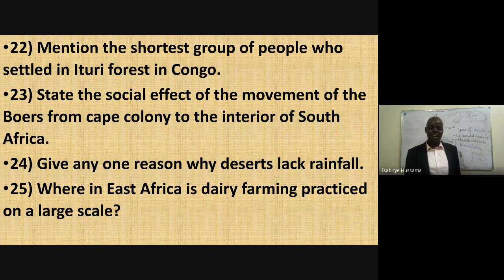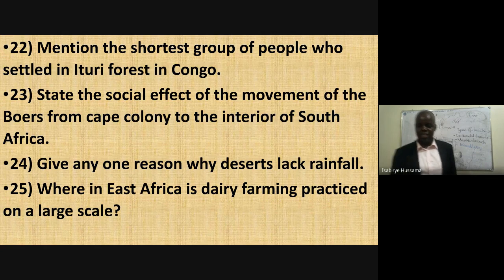The group of foreigners who started dairy farming in Kenya Highlands are the white settlers. And the leader of these white settlers, Mr. Okero, come on board. Who was the leader of the white settlers in Kenya Highlands? Or who introduced dairy farming in Kenya Highlands?